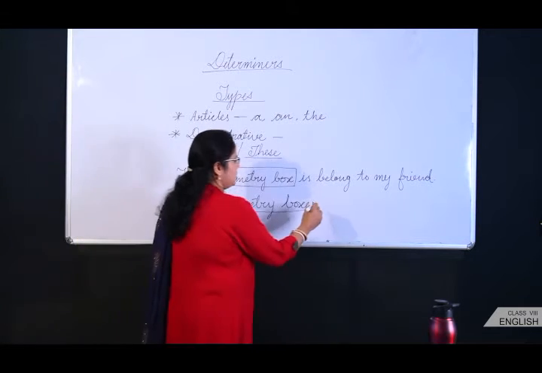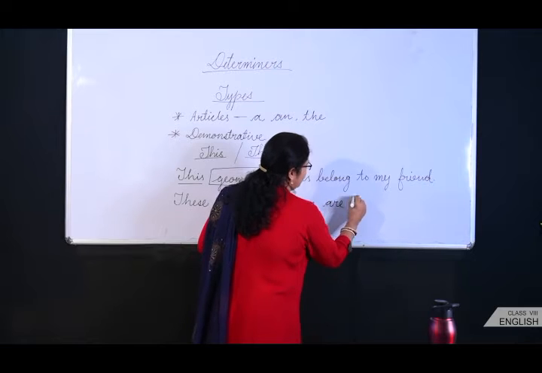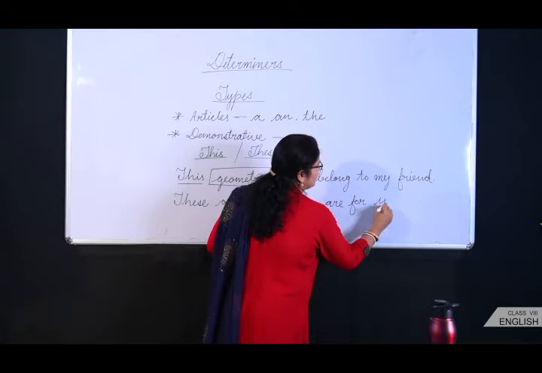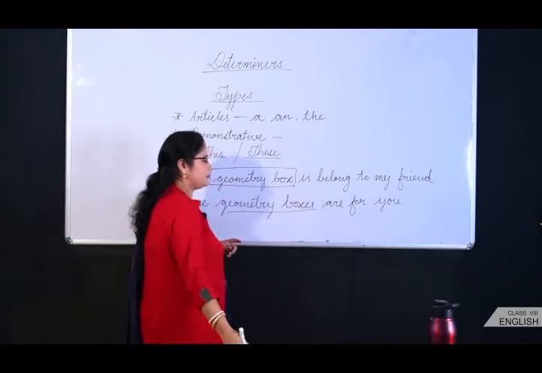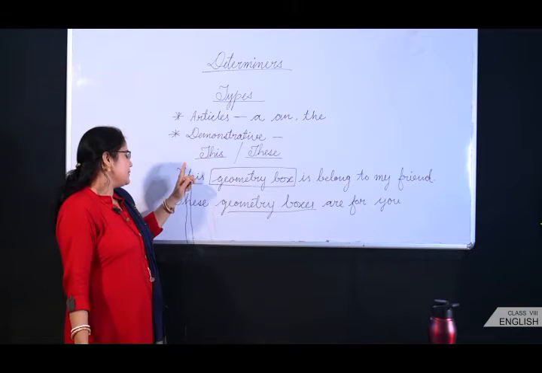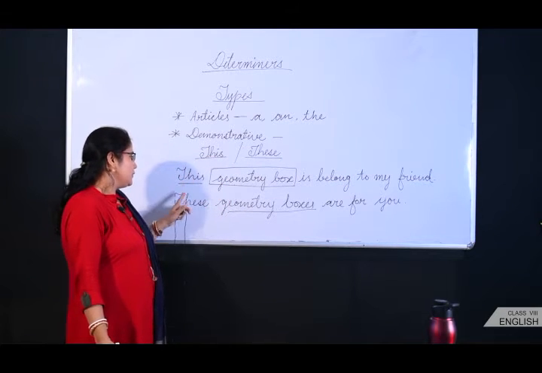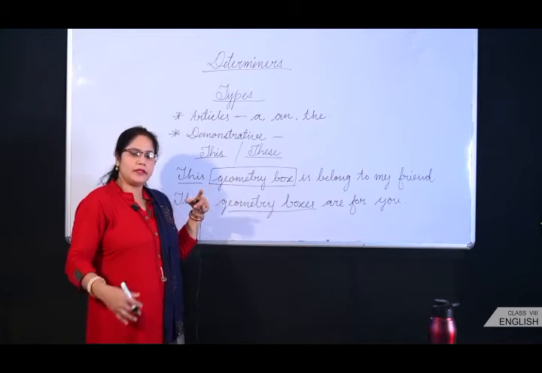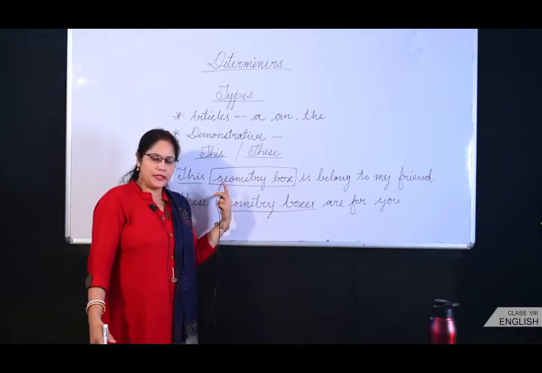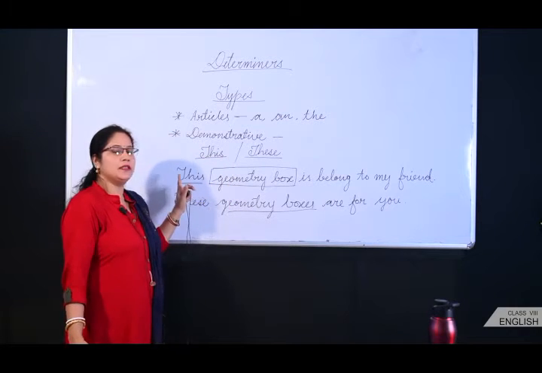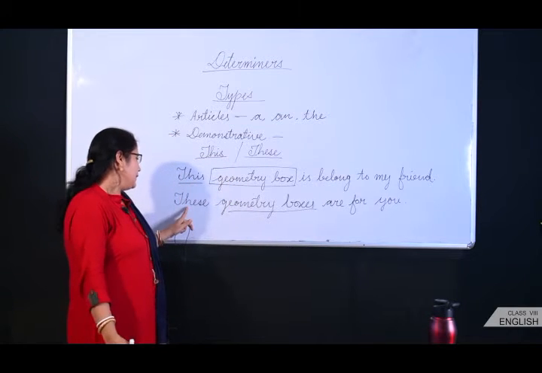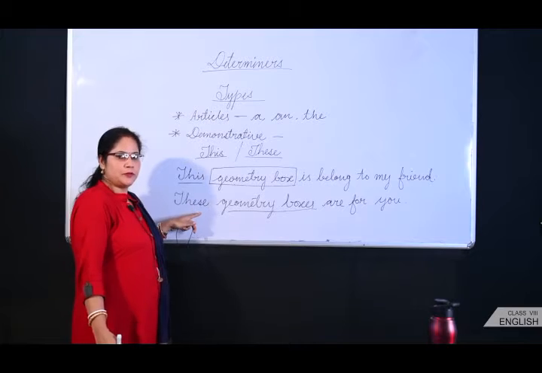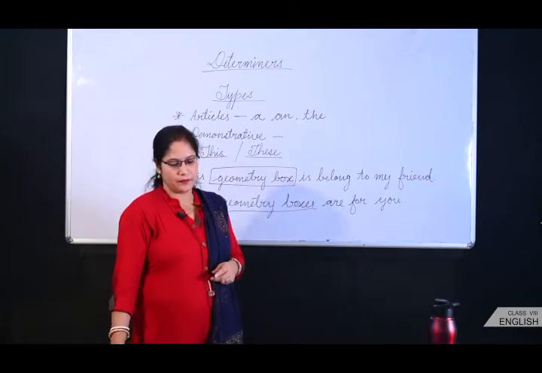These geometry boxes are for you. So both this and these are used for things close by or nearby, but this is for a singular noun and these is used before a plural noun.